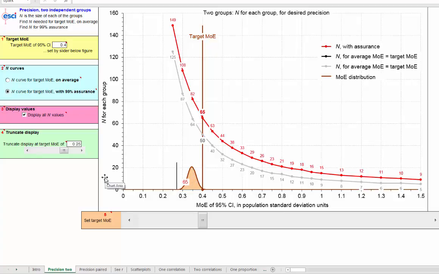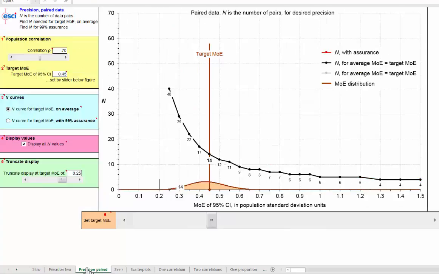Now let's turn to the paired design. And on this second ESCI page, I have the same sort of relationship for the paired design. A single group of size n and paired data. So again, I've got target MOE. I've got a sampling distribution for MOE for a paired design with n equals 14.